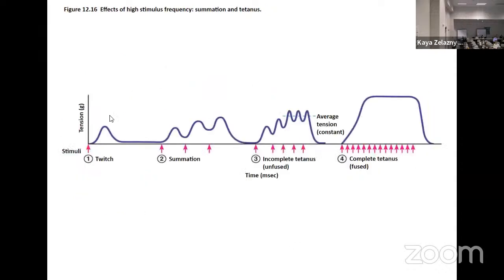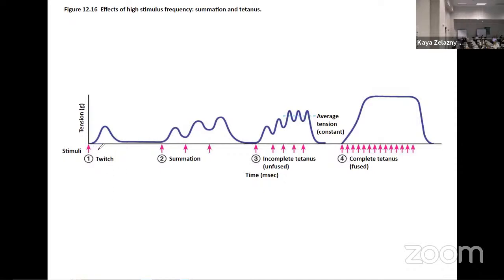Okay. And here we see some nuances in what happens if you have stimuli coming in fast, basically. So action potentials repeatedly coming in from your motor neuron.